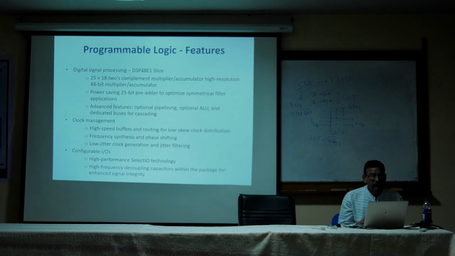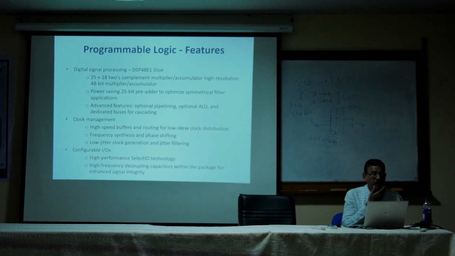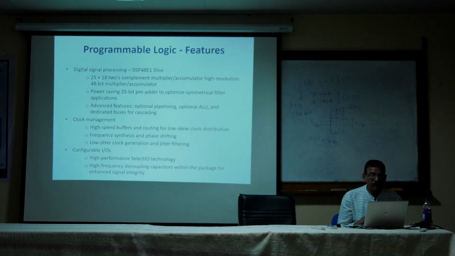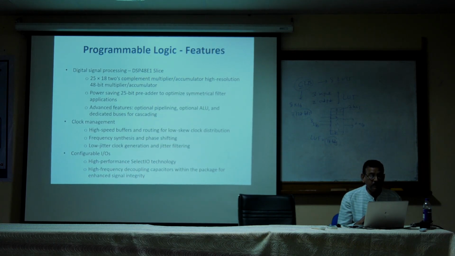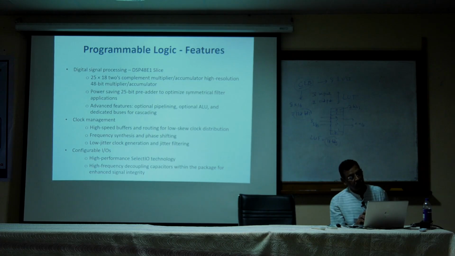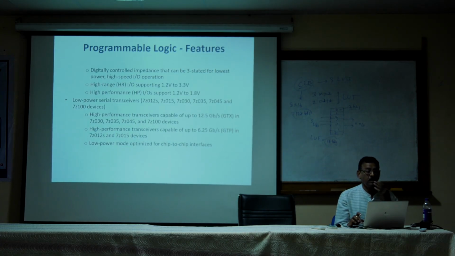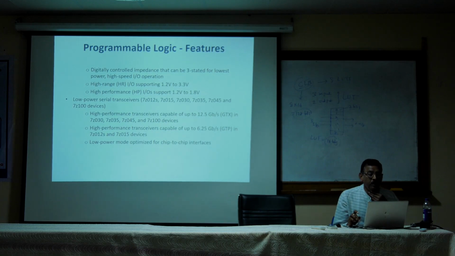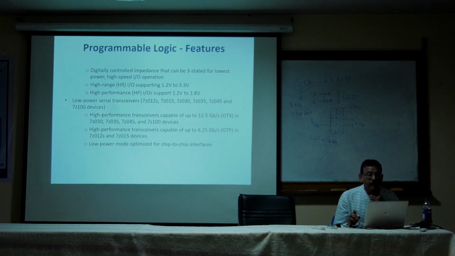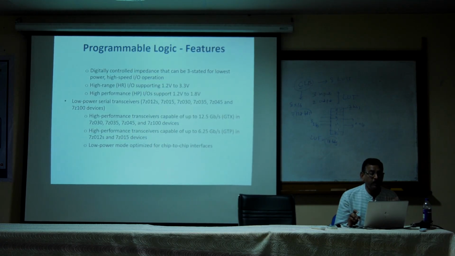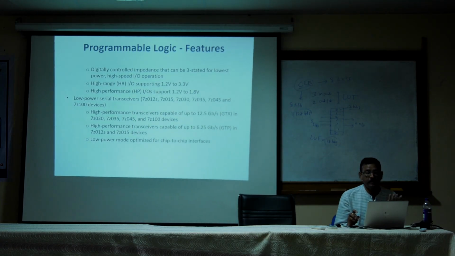Frequency synthesis and phase shifting, configurable IOs, input output pins, blocks, high performance SelectIO technology, high performance decoupling capacitors within the package for enhanced signal integrity. So this is about IOs, input output pins, and a digitally controlled impedance that can be three-stated for lowest power or high speed IO operation.